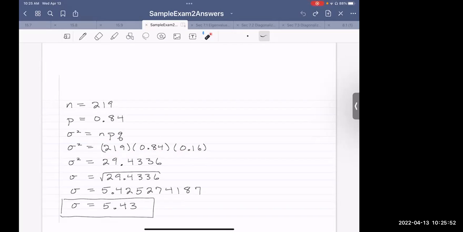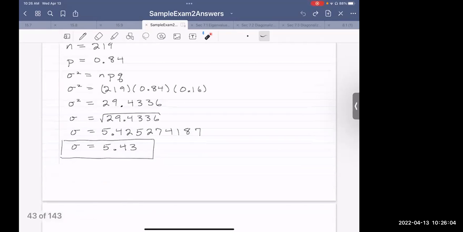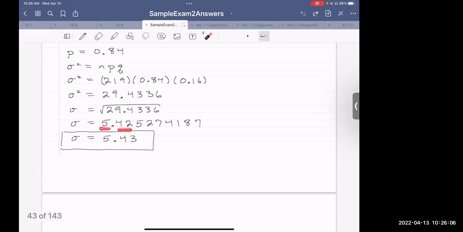So I get 29.4336. To find the standard deviation, I'll be taking the square root of the variance. The square root of 29.4336 is 5.42574187. Let me round that to the nearest hundredth, and so 5.43.